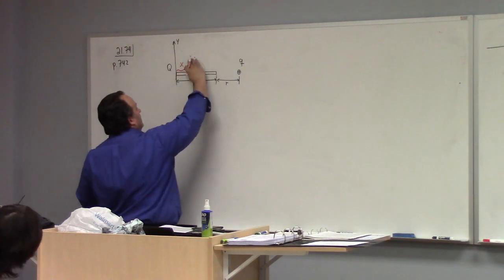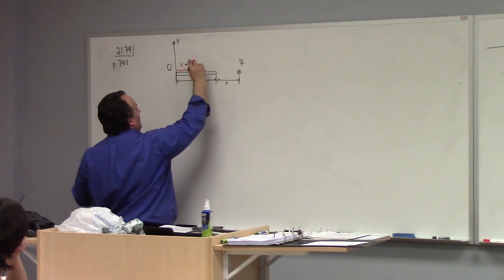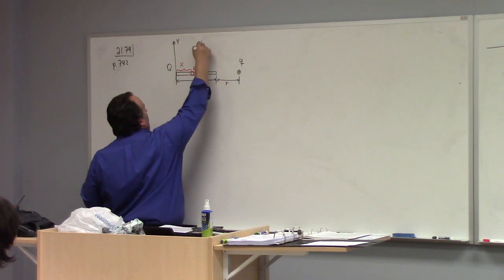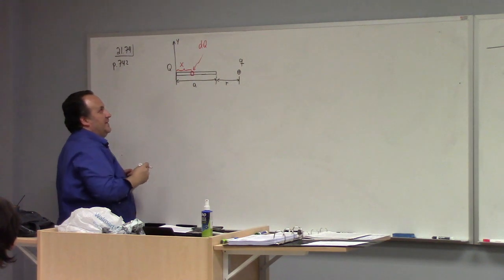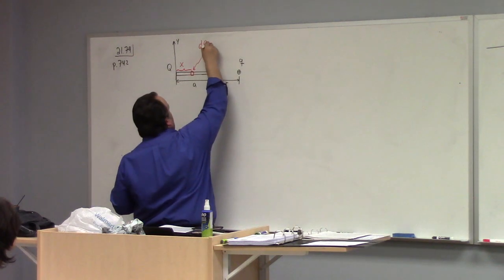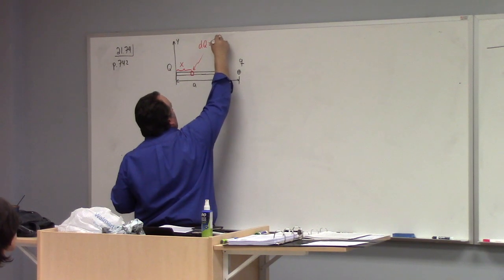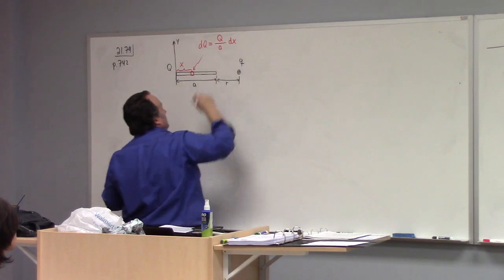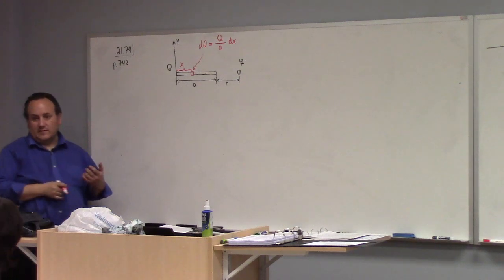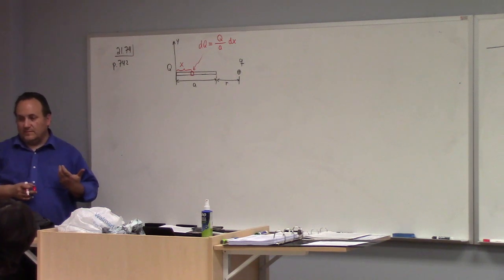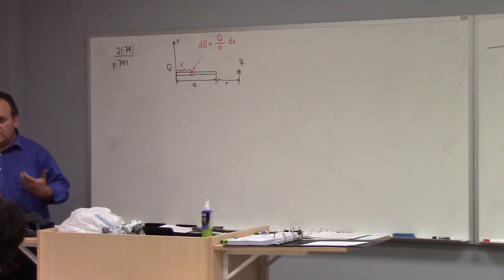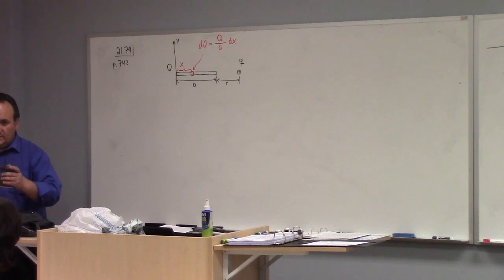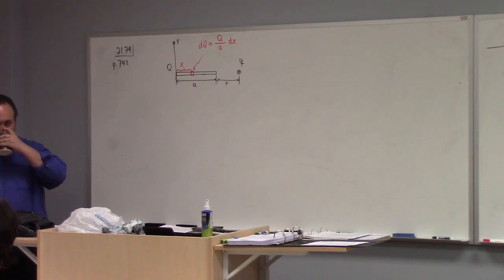And for that dq, I can write a formula: it's Q over A times dx. Why is that? Because the charge per unit length is Q over A. We have Q distributed over A uniformly. If I take that times dx, it gives me the charge on that little bit.